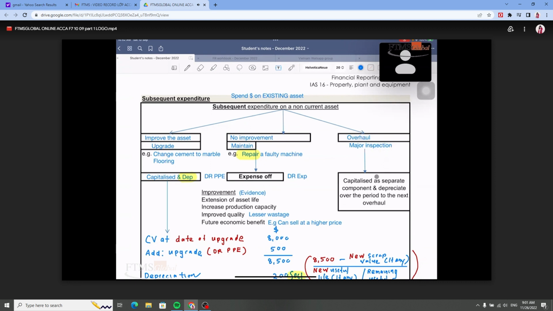Not the minor inspection, we are talking about major inspection. So the keyword is major inspection. Usually if you ask me to think of an example, I will say some asset that is life threatening. If it threatens your life, then it's subject to overhaul. An example, of course, is aircraft.